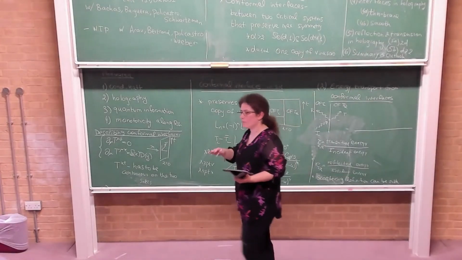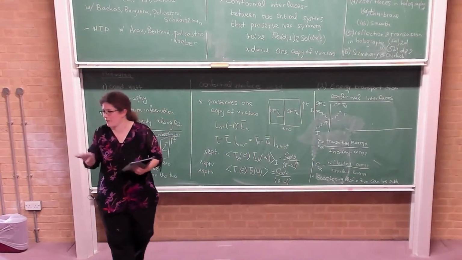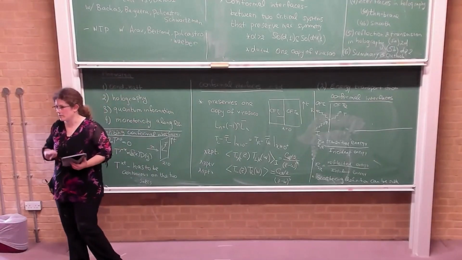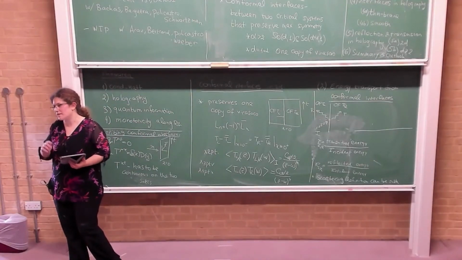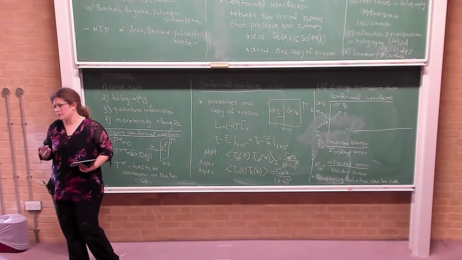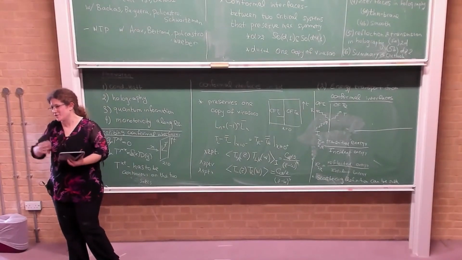To make everything well defined, you need to localize it within some packet. But you will see that, specifically in 2D where this was defined in the CFT properly, it doesn't really matter what the shape is.